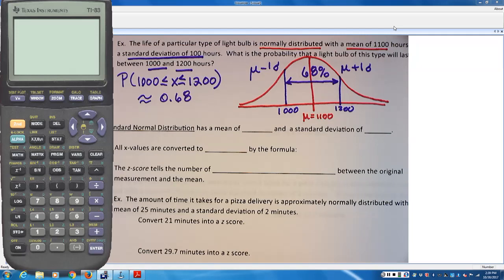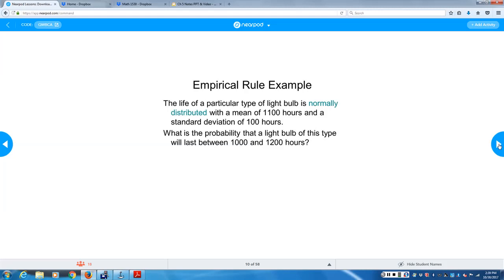Just by looking at the picture. Okay? So the arithmetic behind this is that we went, well, 1,000 minus the 1,100 mean is equal to negative 100, which is one standard deviation below the mean.